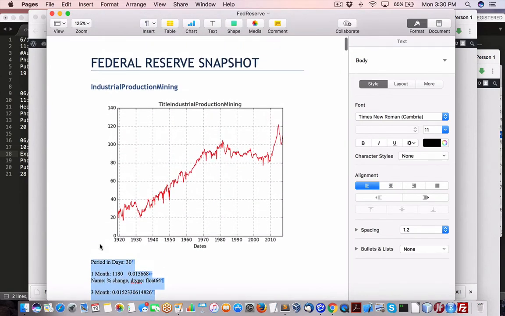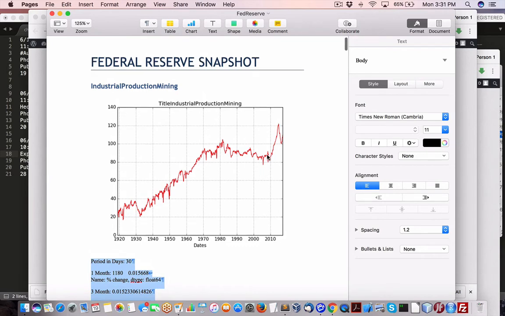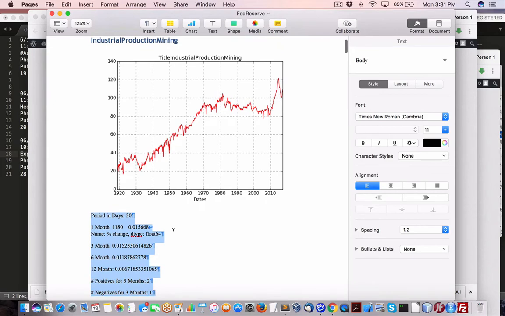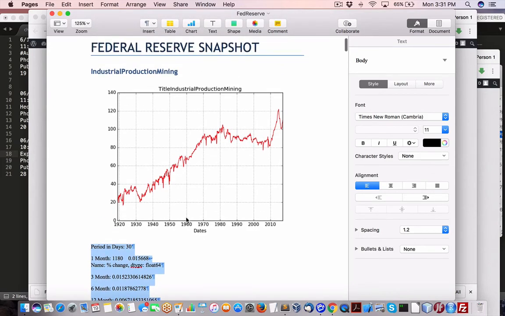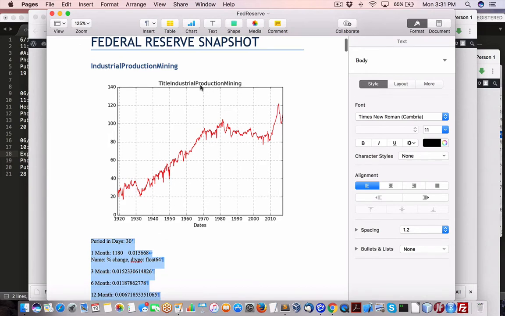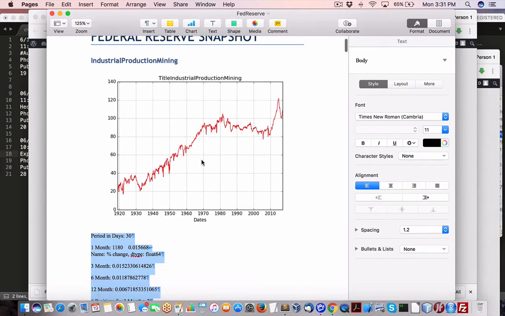So what we're trying to identify here is a trend of what's happening in the U.S. markets and the U.S. economy, to figure out what's going to happen for a number of things that we're looking to forecast in the U.S. markets. In this case, we're looking at mining, probably coal is a big one.